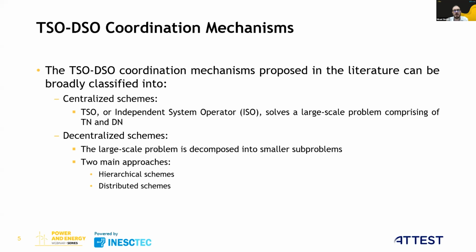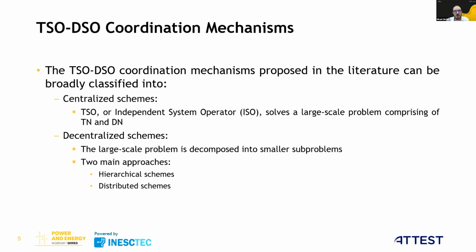And so in this context, TSO-DSO coordination mechanisms were proposed in the literature, and these can be broadly classified into centralized schemes, where the TSO or an independent system operator has access to all the resources present in the network, both at transmission and distribution levels, or decentralized schemes, where the large-scale problem is decomposed into smaller problems, typically DSO network and TSO network.